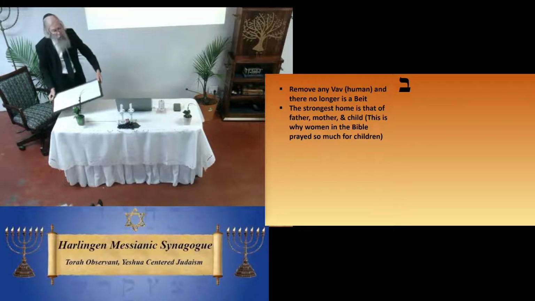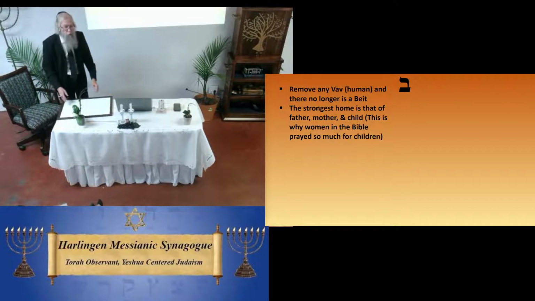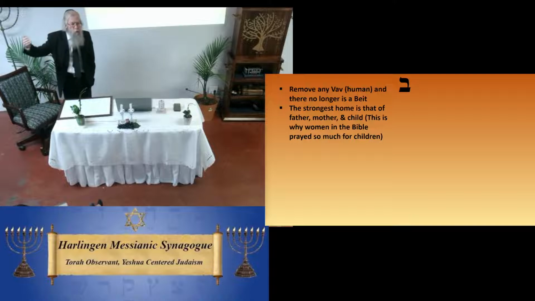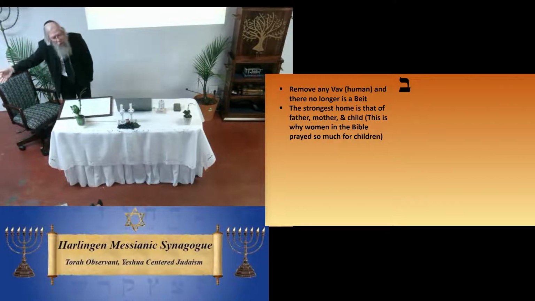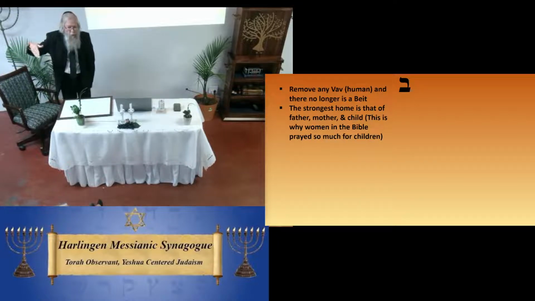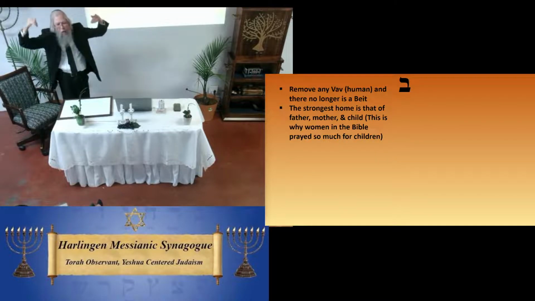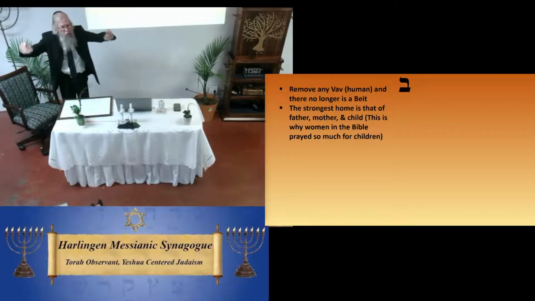Like I said, this is one of the excuses that some of the rabbis use to dismiss Yeshua as Mashiach, because he was not married and he had no children. Therefore, they see him as being incomplete. Not understanding that Israel is the wife of Mashiach. And then together they progenerate. They produce offspring. We are the offspring.